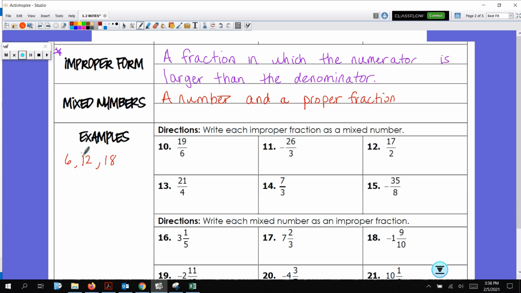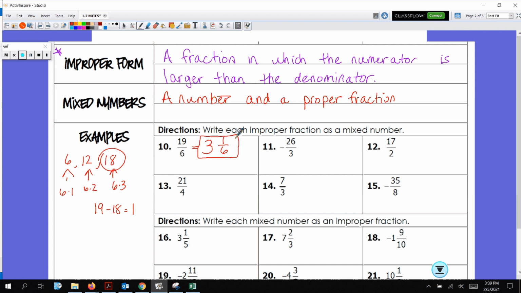This is 6 times 1, this is 6 times 2, and this is 6 times 3. So that means 6 goes into 19 3 whole times. If it's 18, then 19 minus 18 is 1, with a remainder of 1, so 1/6.